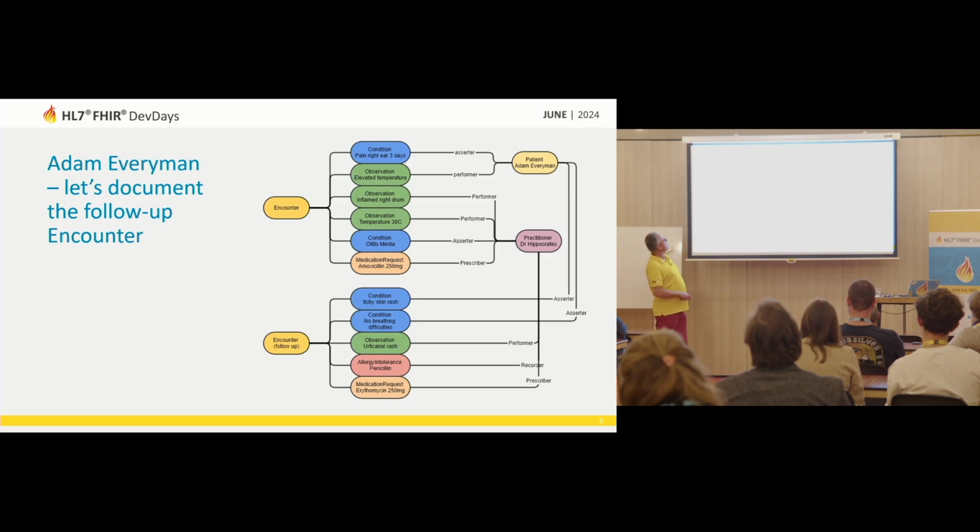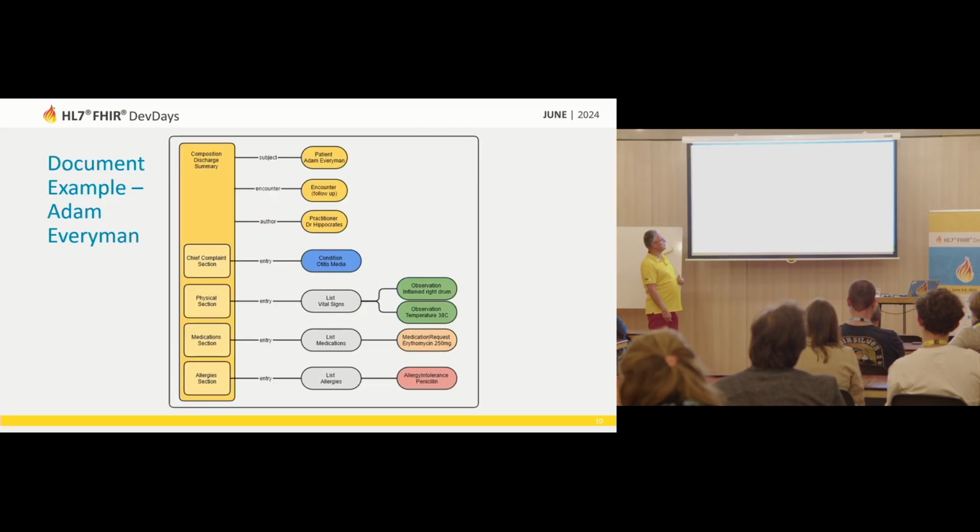Now let's create a document, discharge letter, for this second encounter. Now obviously what you're going to do is reuse the FHIR resources that already are present. You're not going to capture that same information again, right? So we're going to reuse the information we already have to compose, if you want, a FHIR document.